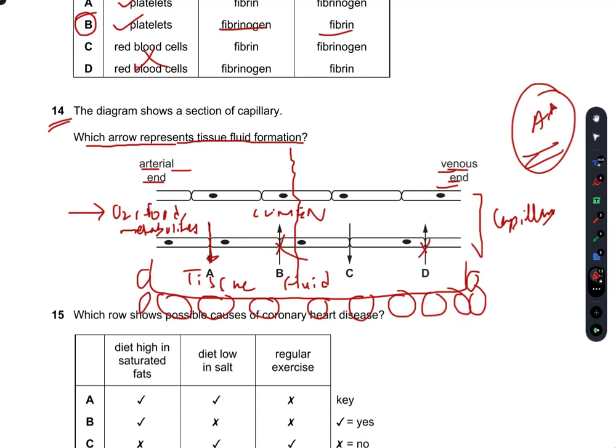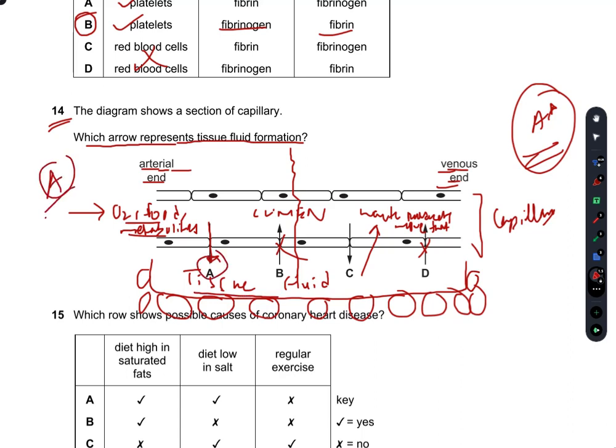The tissue fluid is always formed at the arterial end, and the tissue fluid is disintegrated at the venous end, when the waste products move out. So that's when tissue fluid is dissociated, whereas oxygen, food and metabolites are responsible for the formation of tissue fluid. So I would definitely choose A as the right answer.